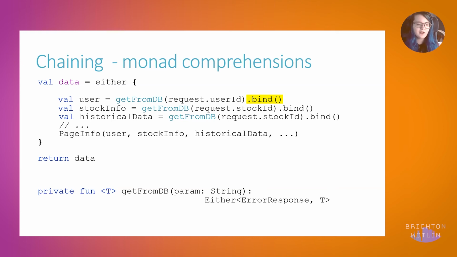So here, if the user was retrieved correctly, we will get a user. Then we are going to collect stock info. And for example, if here something was wrong and Either was Left, we stop here, and the result of our comprehension will be Left.